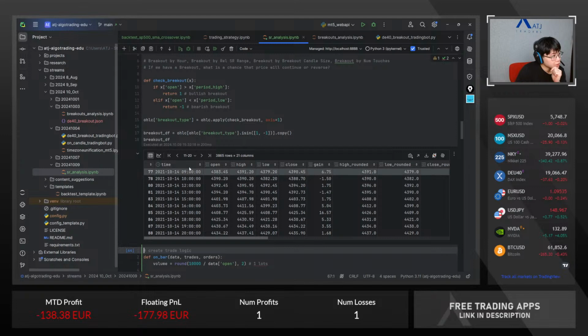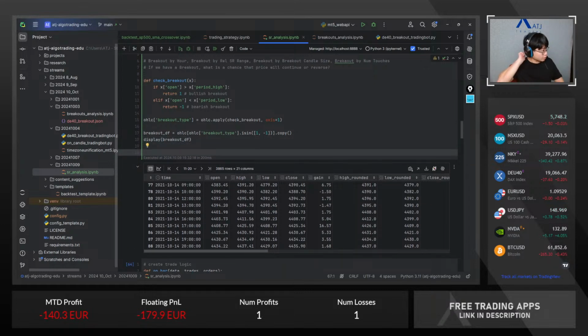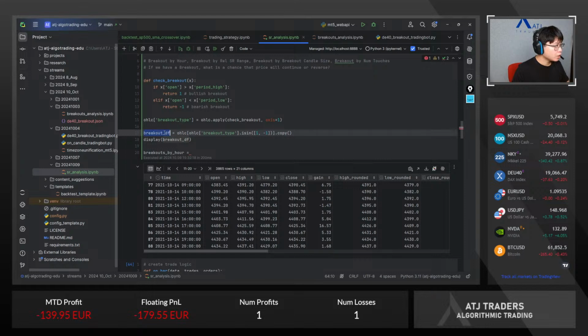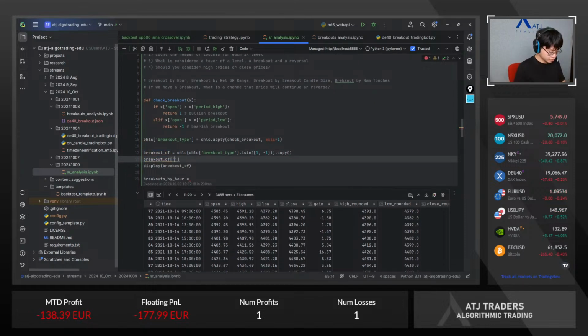So now what I can do is, because we have this data frame now, I can, for example, check breakouts by hour. Okay, so I can do breakouts by hour. Also, I'm going to create a column count breakout, so I can count the number of breakouts that we're now testing.